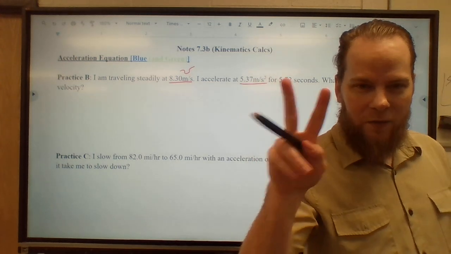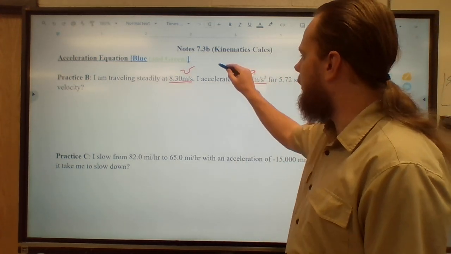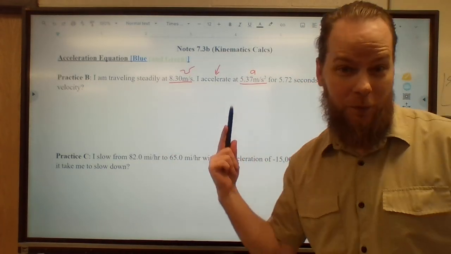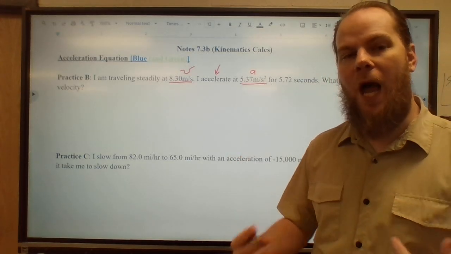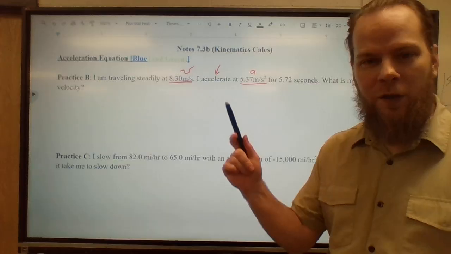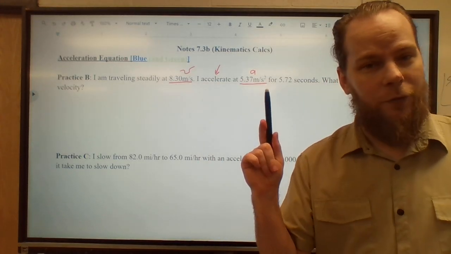We have 2 ways here that we can tell that this has to be an acceleration. The first is that it says I accelerate at, therefore this must be the acceleration. It's not always going to say I accelerate at, though. So how can you tell when it doesn't say this is my acceleration? Well, you have to use your units.